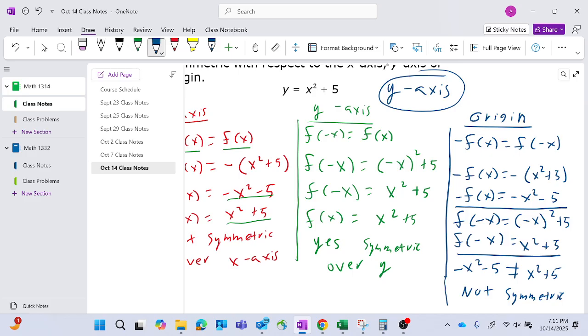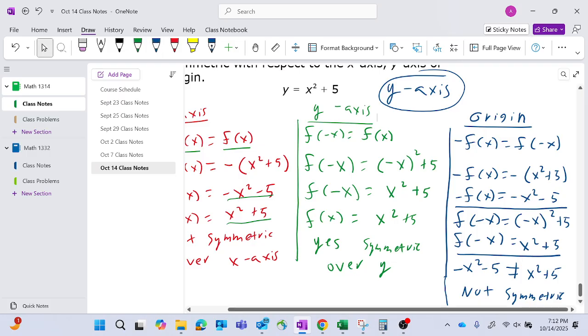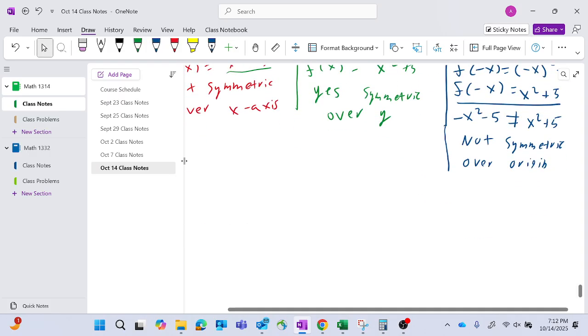I just wanted to show you the origin, because we know it's symmetric over the y-axis. Ready to keep going? Any questions?